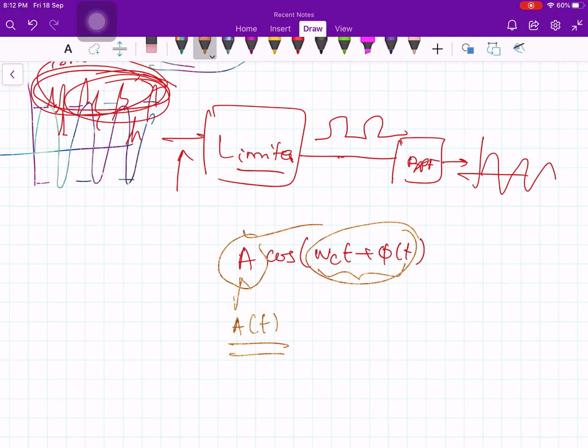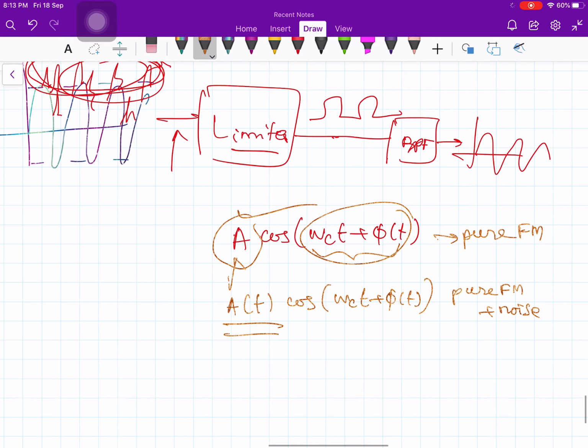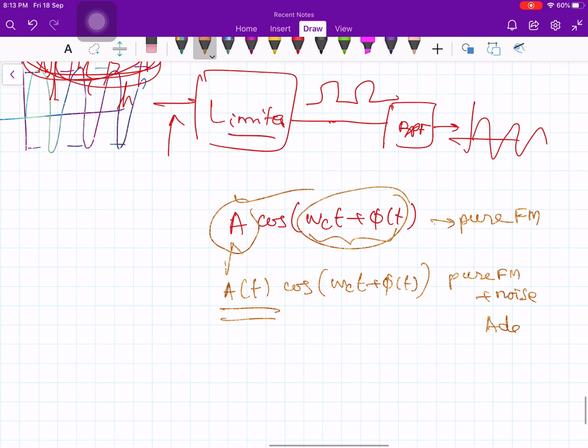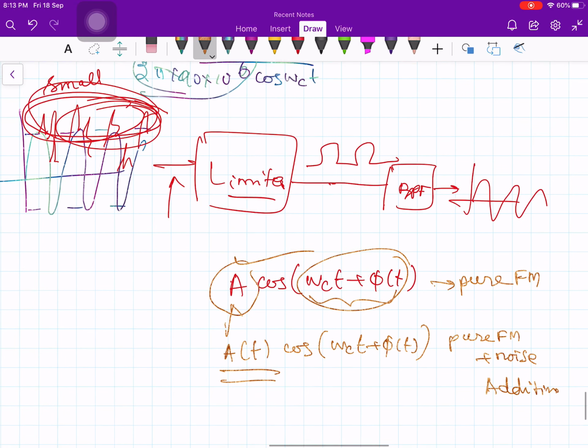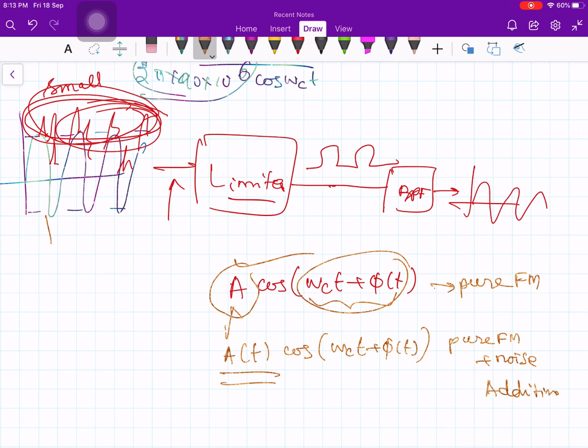This is pure FM, plus noise. If noise adds, here the noise is additive noise. So that is why the noise is sitting on top of this waveform, and at the bottom also, some waveforms are sitting.